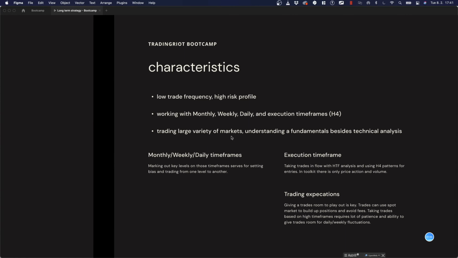This really is mostly for people who are just too busy for any sort of active monitoring, because, for example, for the intra-week swing strategy that I trade, I do my preparation in the morning, then I actively monitor markets for a couple of hours, and usually, during lunchtime after the third H4 candle closes, I will just go and do some other things.